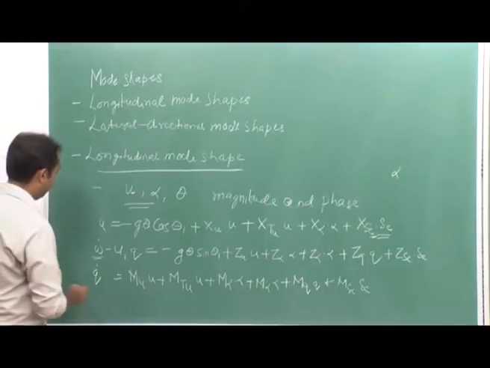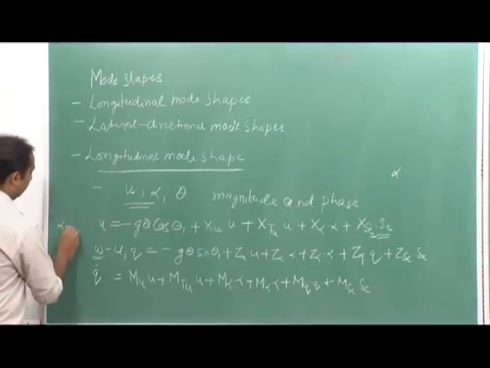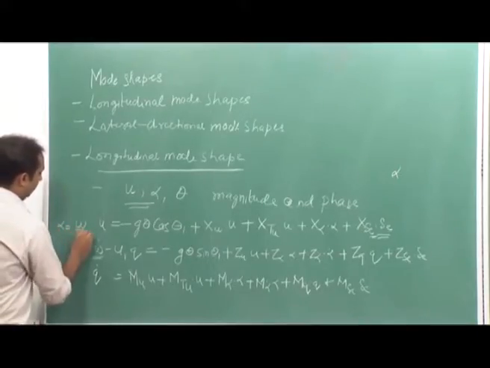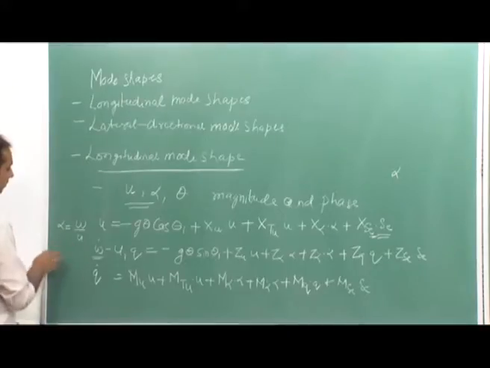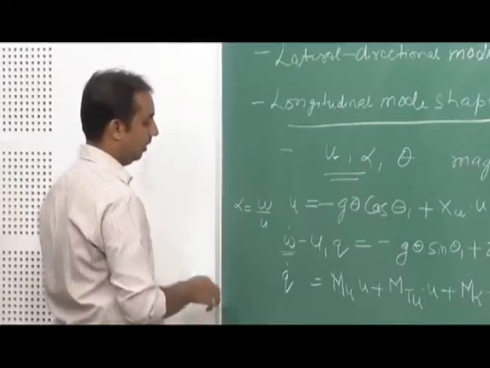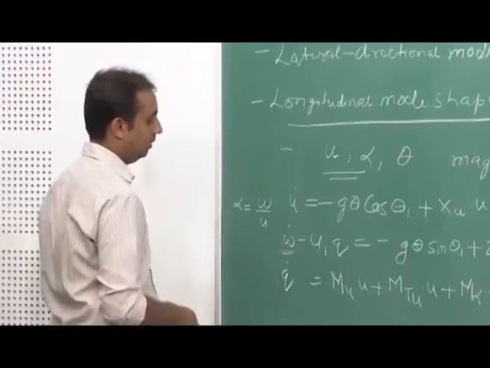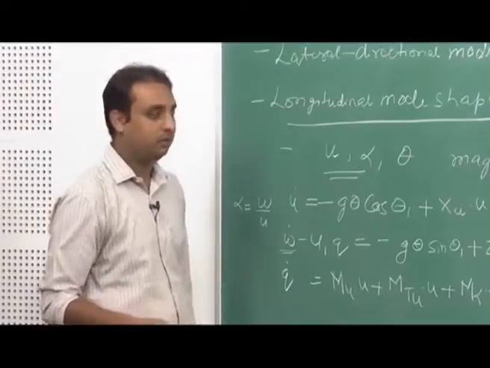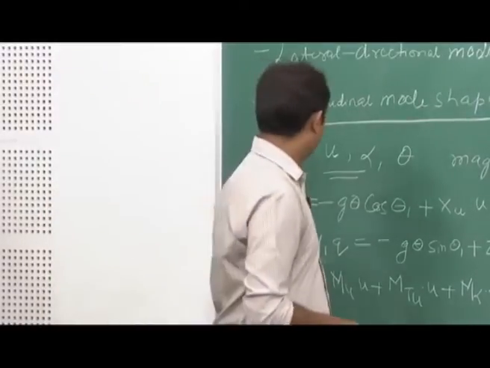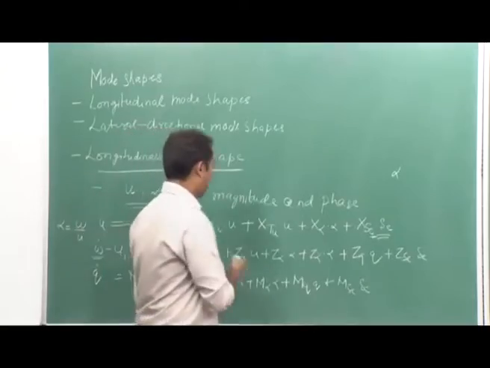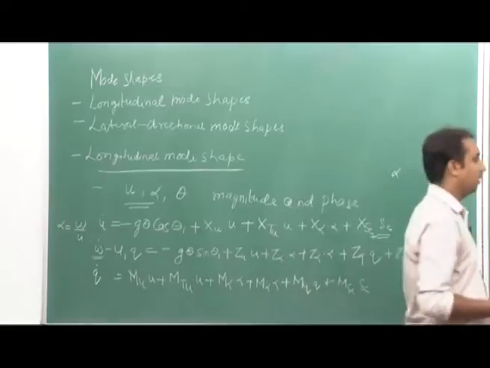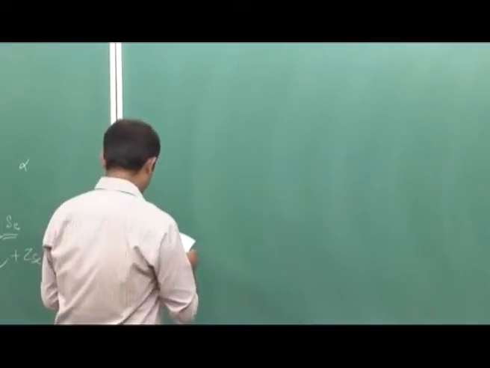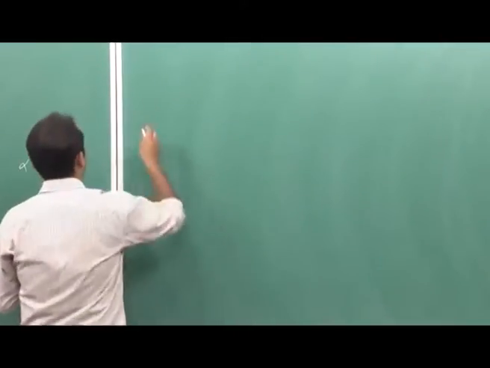As we know, alpha equals W upon U, so you can substitute the value of W in this equation and the equation will be in terms of alpha. Making the required substitution, neglecting delta E and taking the Laplace transform, the equation will be of this sort.